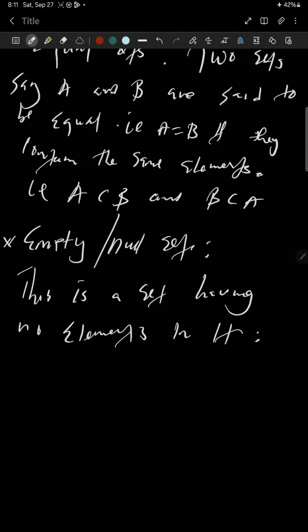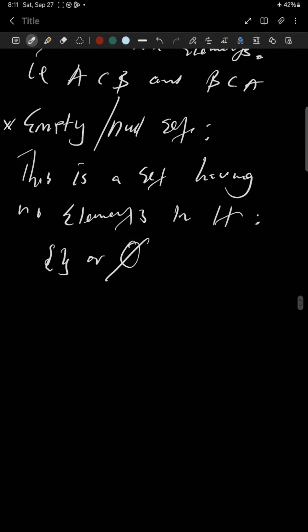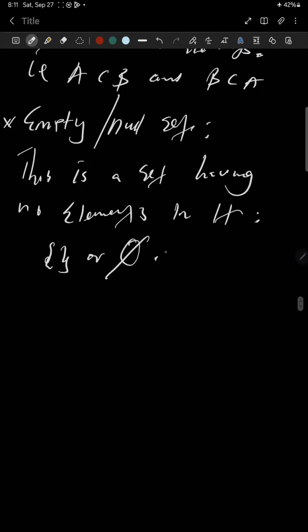It is denoted by this symbol that you know from secondary, or when you come to varsity, it's a 0 with a slash through it.